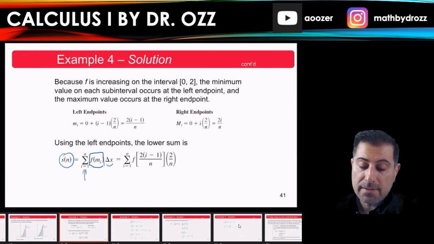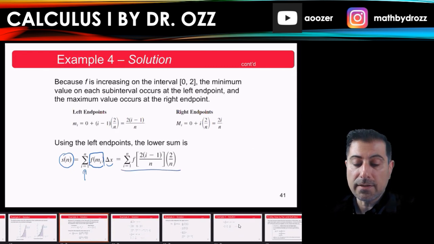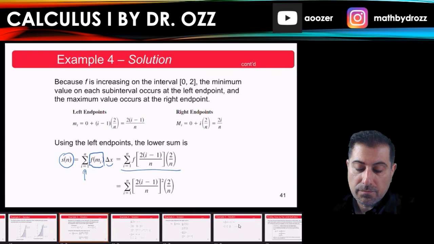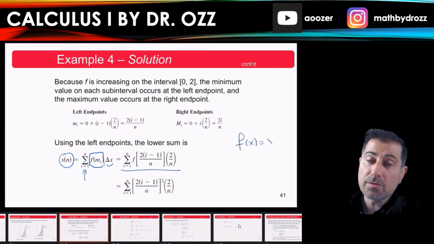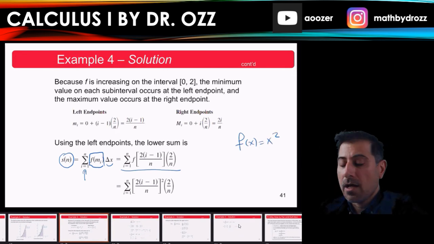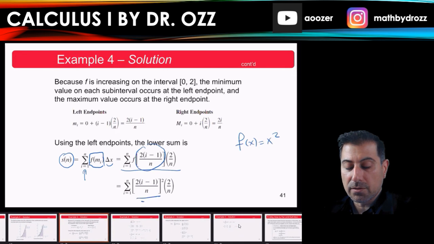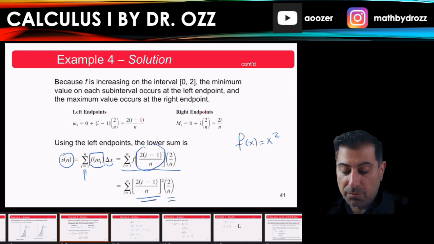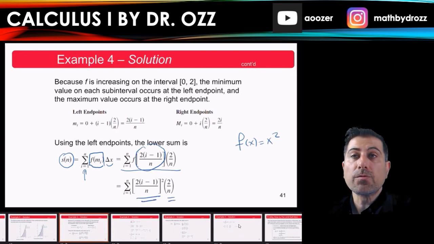So that's in fact represented like this. And then if you just use the description of the function, remember that f of x equals x squared, as you see, f of this input is going to be squared here. So the square of that term times 2 over n is in fact what we're looking for.